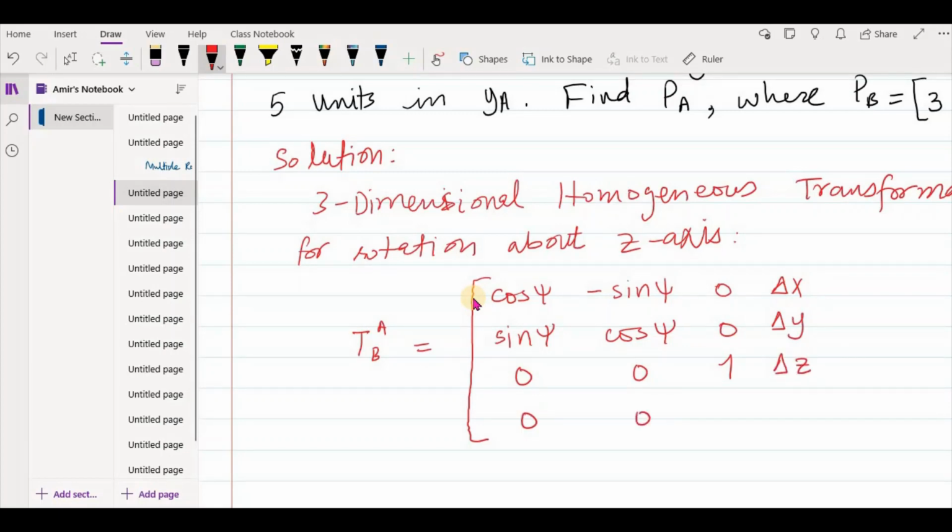And to make it homogeneous, we have to add one more row containing zeros and then 1. So this one shows that it's a three-dimensional matrix here.